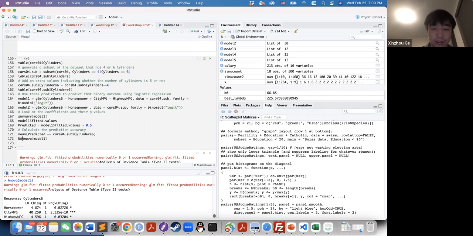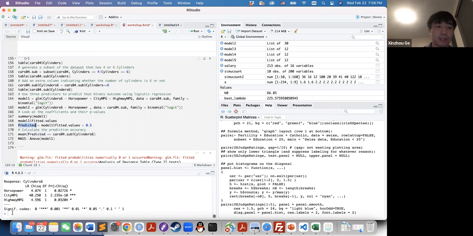Okay, and coming back to the main question, sorry that I left this topic. Here what I did is first get the predicted value of whether this car has 6 cylinders or not.